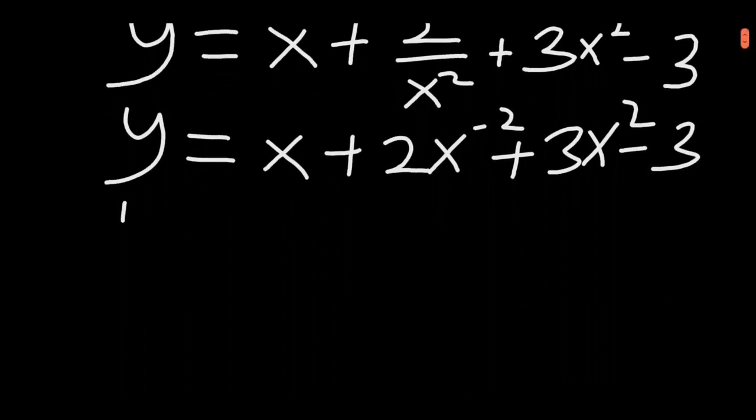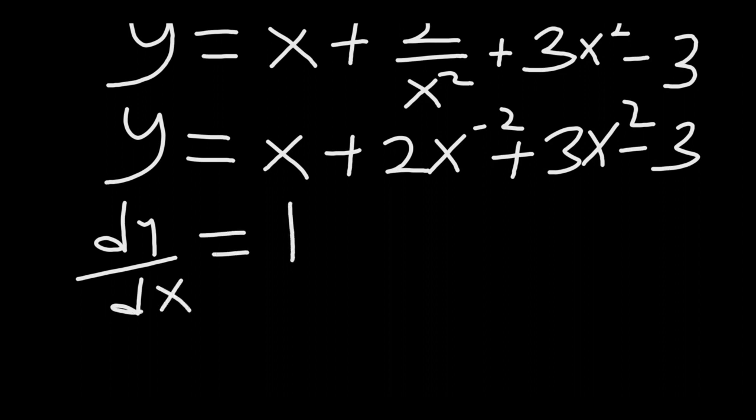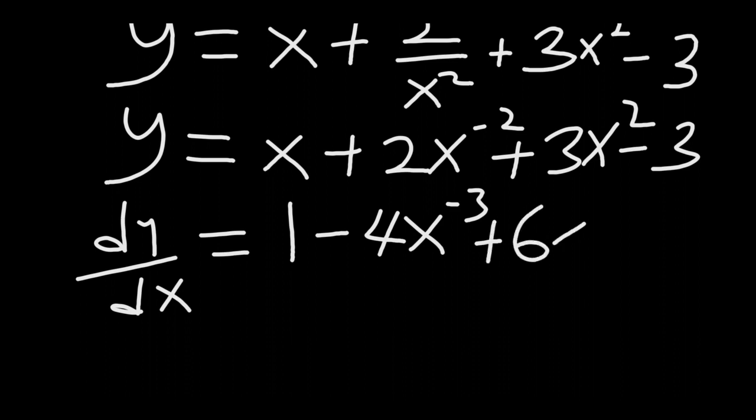Hence, my dy/ds will give me 1. If I differentiate this, I'll get 1. 1 minus, because negative 2 will multiply 2, so we'll have negative 4. 1 minus 4s exponent negative 3. Negative 2 minus 1 is negative 3. Plus 6s.